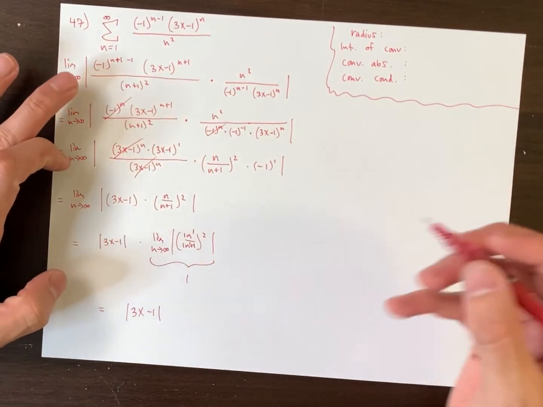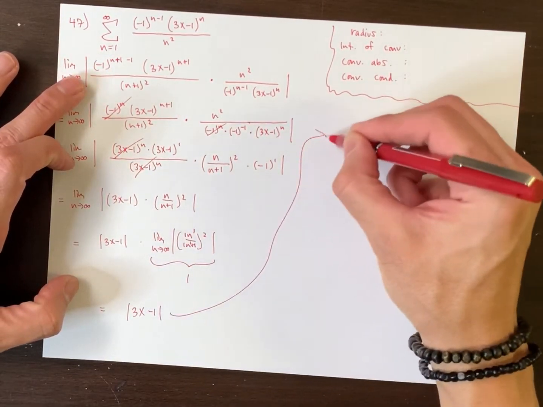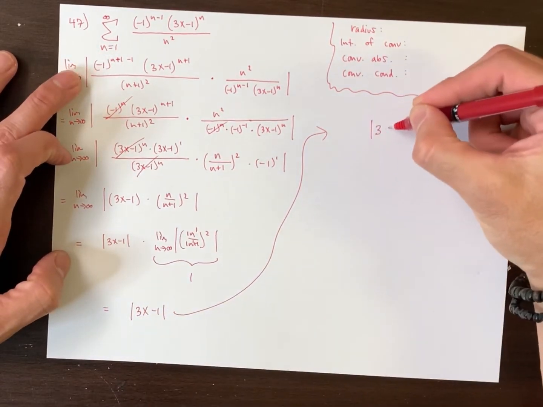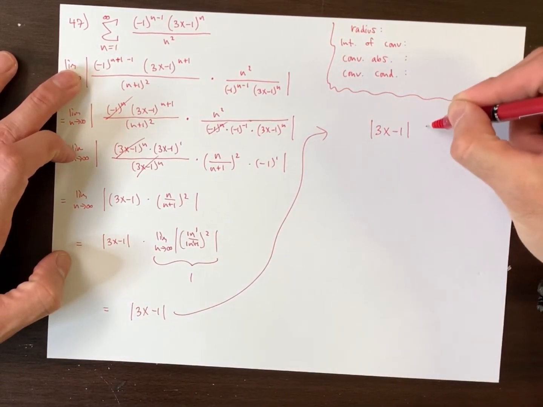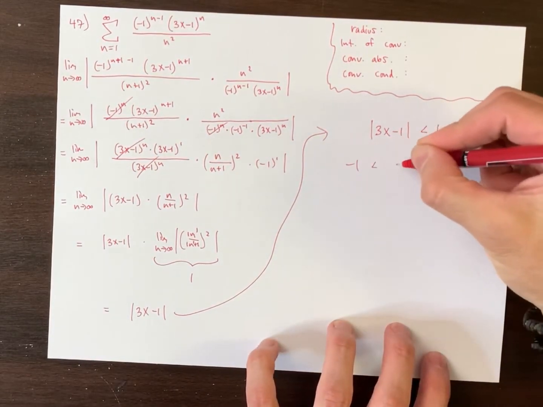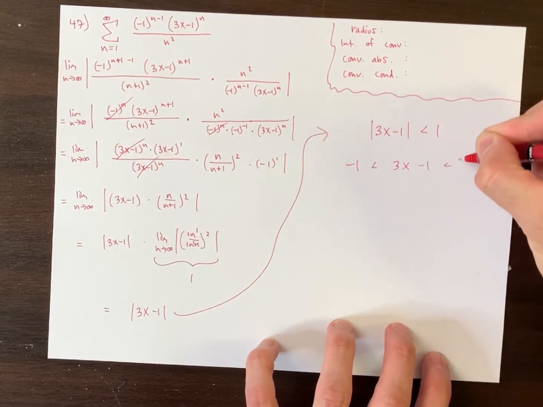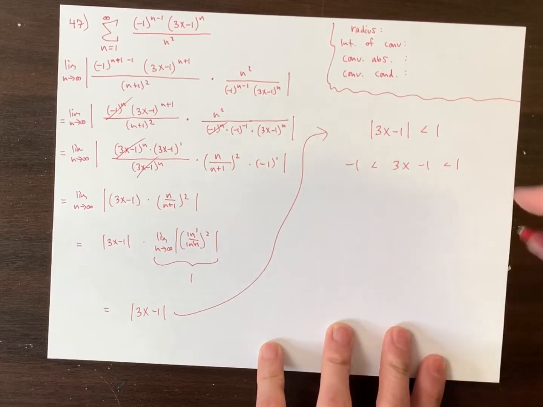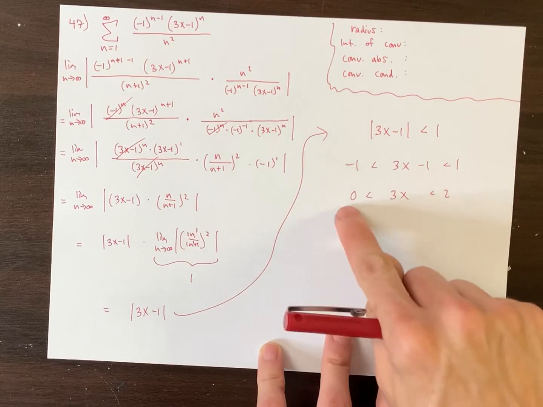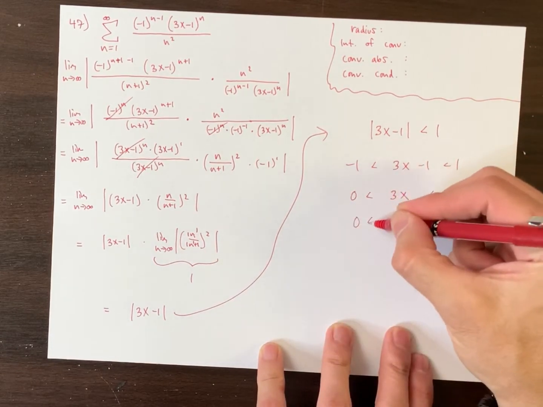And then we know what we're supposed to do. We're supposed to take our value from the ratio test, and you always set it less than 1, and then you solve. So let's try to solve this here. Let's add 1 to everything. And now divide everything by 3.